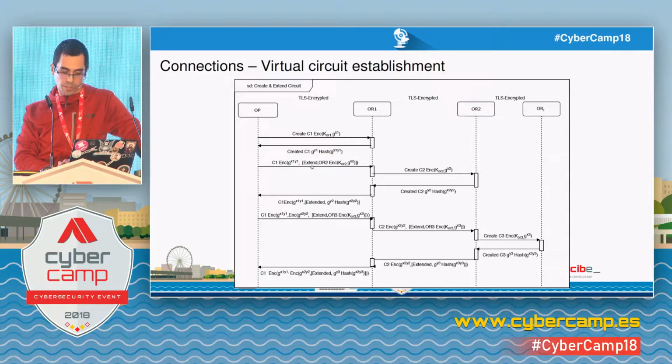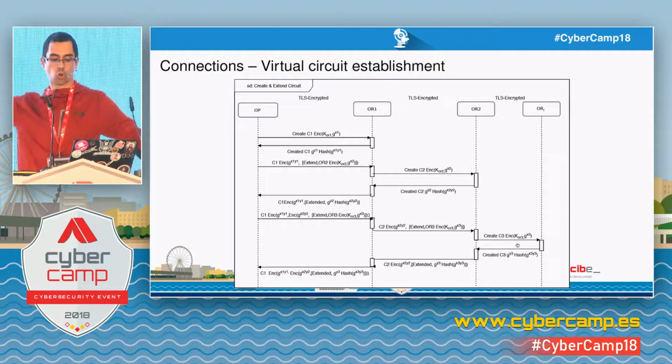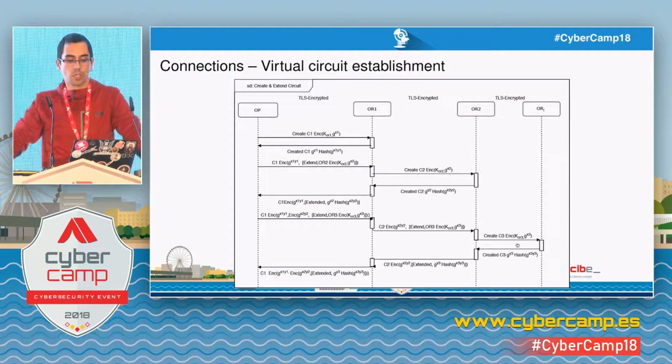So this is the connection asking to extend the circuit. This is the message: extend the circuit to another node. So information is encrypted with the key of the first node and also with the key of the second node. Then the second node receives this information and says, okay, I'm already connected. And then again, connection will be created with a third node.